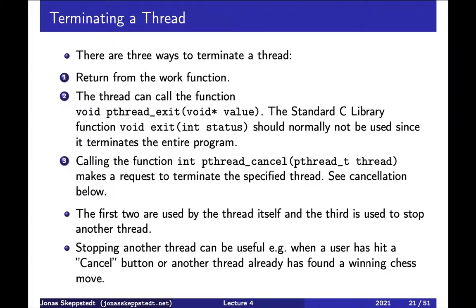Now we will summarize and see the third way to terminate a thread. What we have seen so far is to return from the work function or to call pthread_exit. And another way is to call pthread_cancel. Pthread_cancel is typically used by another thread, since it's not necessarily cancelling the thread right away.